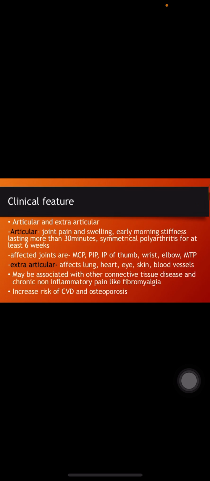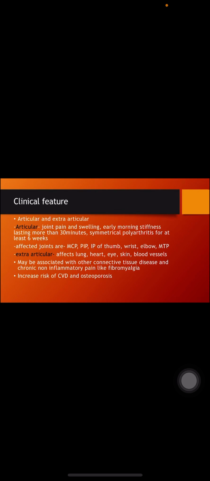Some patients with rheumatoid arthritis are also associated with other connective tissue diseases like fibromyalgia and polymyalgia rheumatica. What is important in rheumatoid arthritis? At the same time, the patient has increased risk of cardiovascular death and osteoporosis. So it is very important for us to screen them yearly.